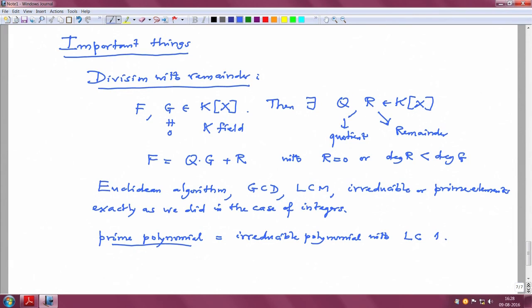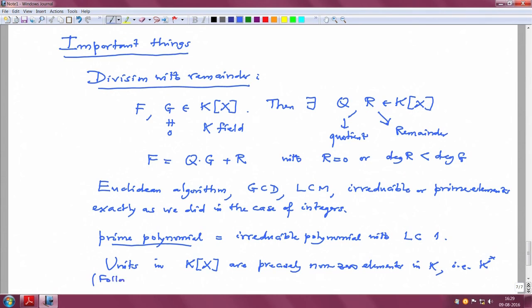The last remark, and we will have a break. The units in the polynomial ring k[x] are precisely the non-zero elements in the field, that is, we are denoting by k cross, and this follows easily from what we call the degree formula.